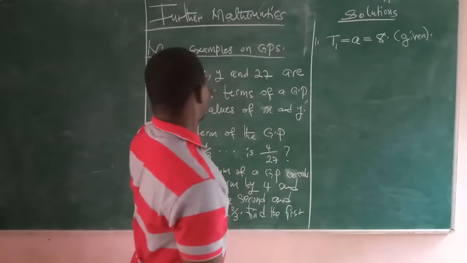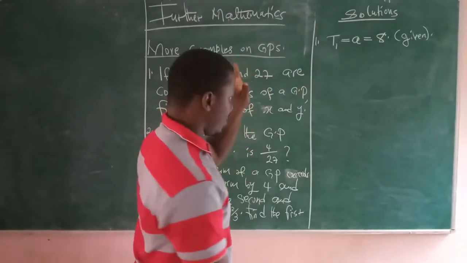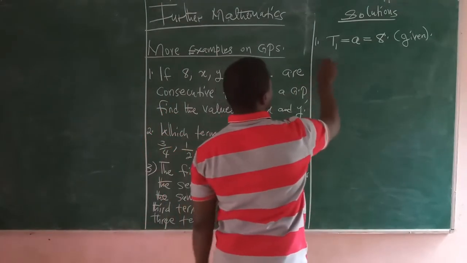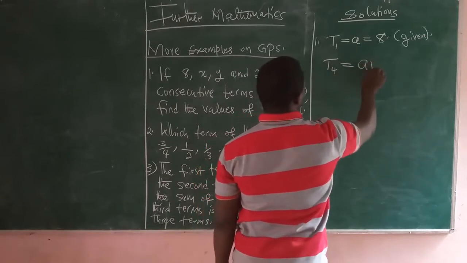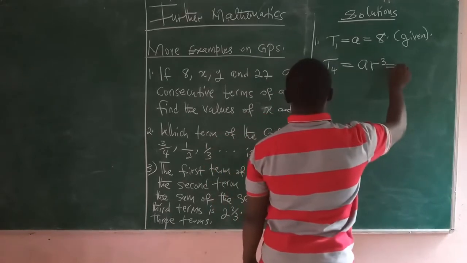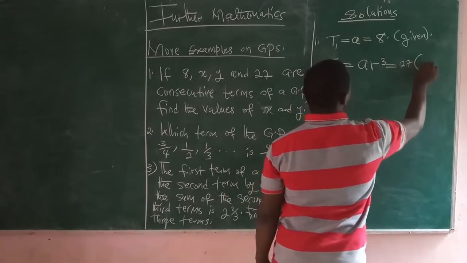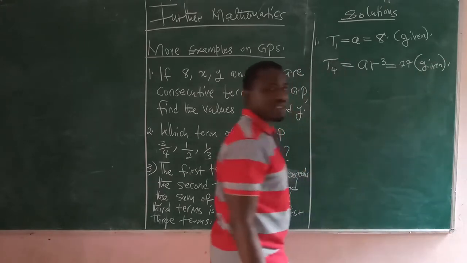Fourth term. First, second, third, fourth. Number 4 term. So I'll say T4 is ar raised to power 3, and it is equal to 27. This is also given.